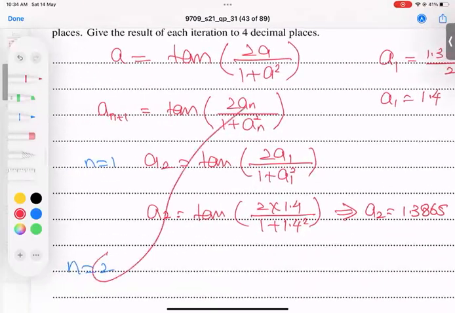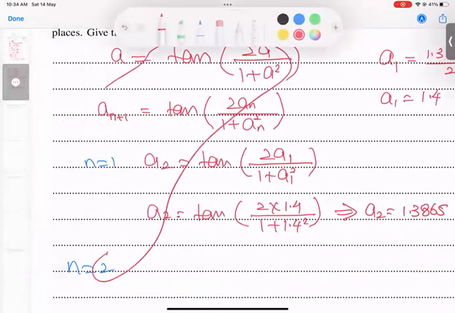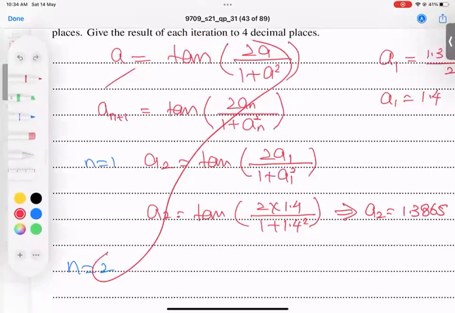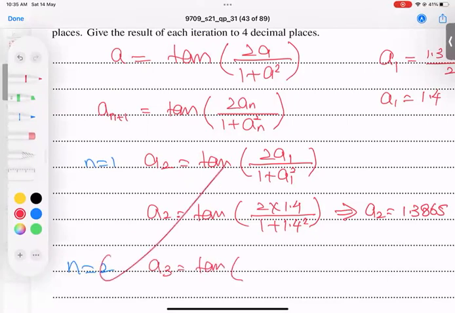In the formula below, when I put 2 here, 2 plus 1 gives you 3. And when I put 2 here and here, I get a2. So this value is very clear. The a2 value is this.